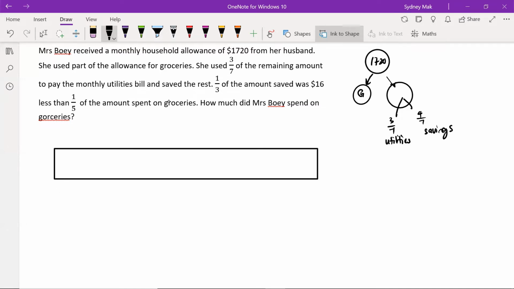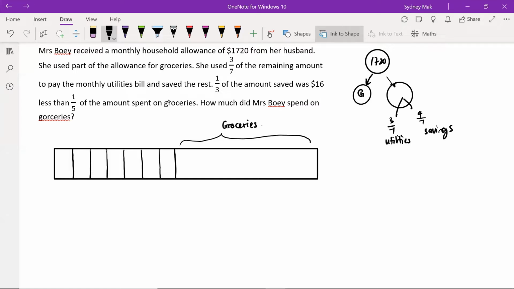So we have 1, 2, 3, 4, 5, 6, and 7. Therefore, the remaining will be for the groceries.